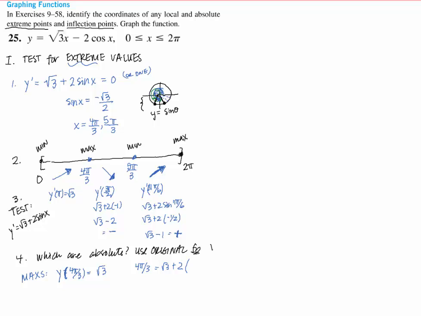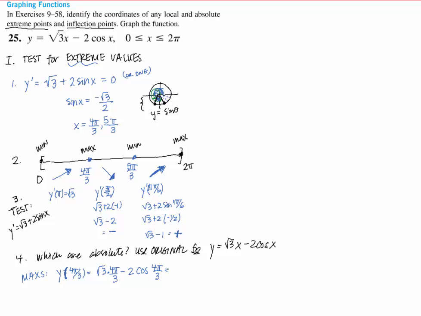Let me label that. Use the original function. y is the square root of 3 times x minus 2 cosine of x. That changes this. y of 4 pi over 3 is the square root of 3 times 4 pi over 3 minus 2 times the cosine of 4 pi over 3.